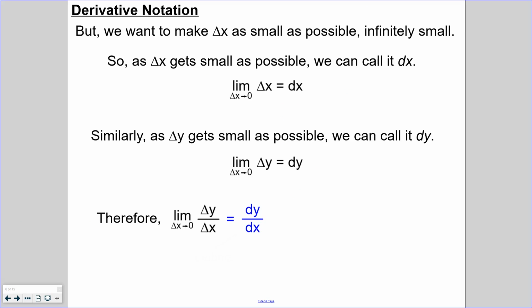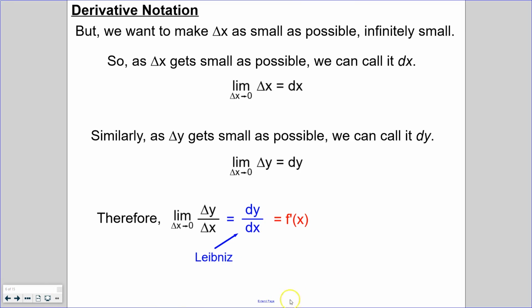Now, as we mentioned in previous videos, we also already have the derivative notation f prime of x. So now we have two derivative notations, dy over dx, which is referred to as the Leibniz notation. This is the notation developed by the mathematician Leibniz.